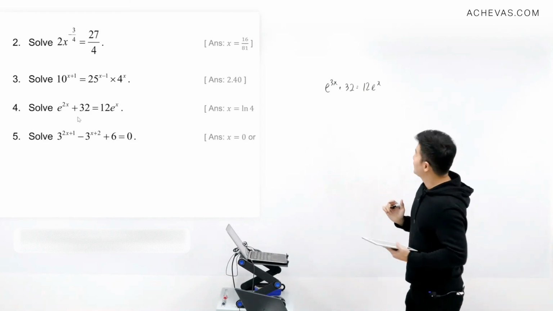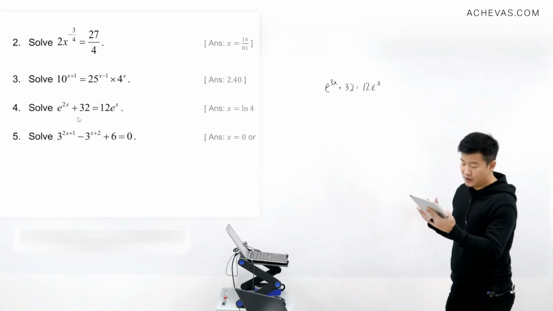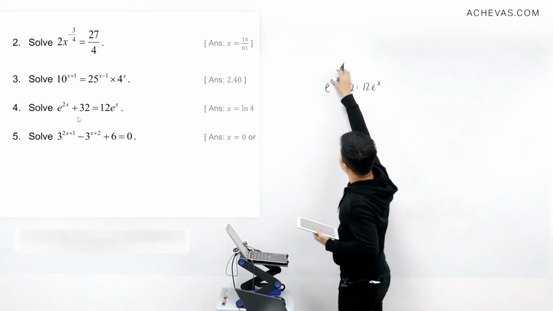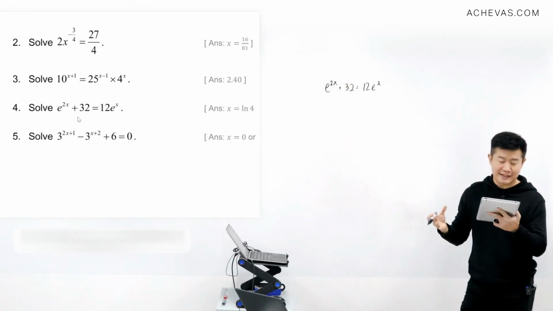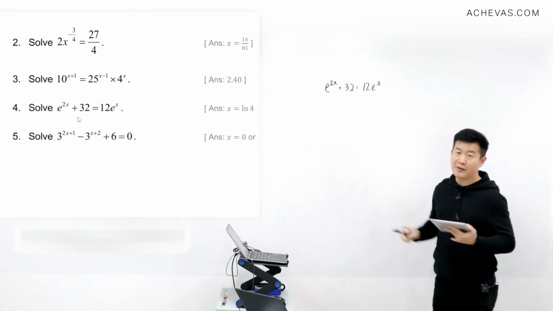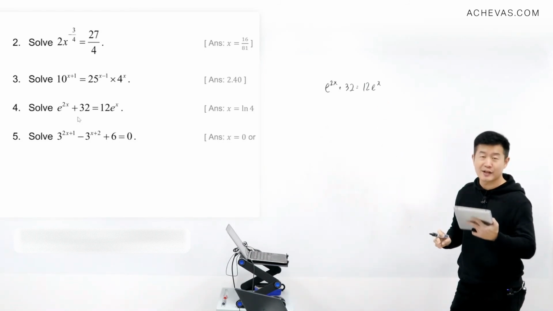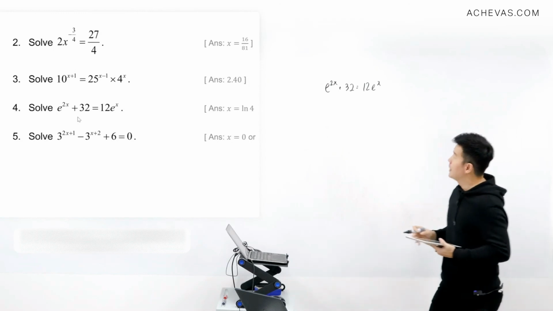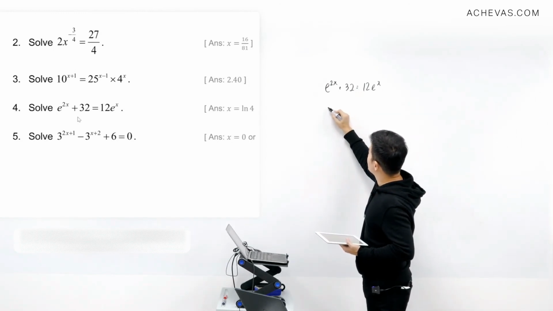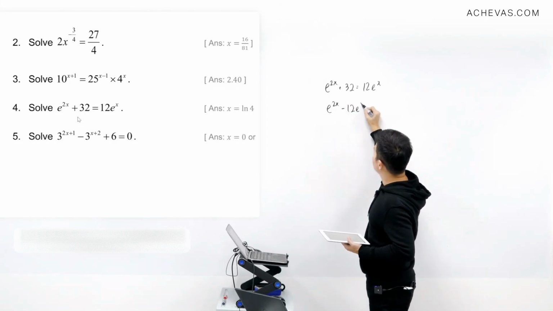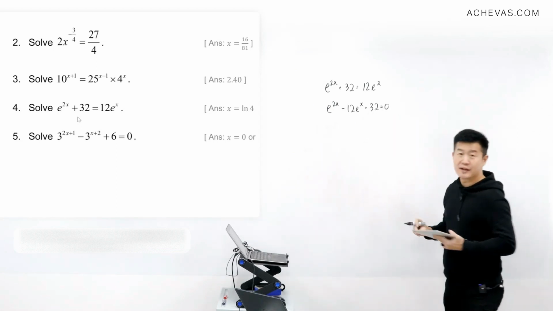It is a constant. And we are supposed to solve for this. Oops, I've copied this wrongly. So this is supposed to be e to the power of 2x. This is in the exponential form. e to the power of x is also in the exponential form. I'm going to try to bring everything over to the left-hand side, which will give me e to the power of 2x minus 12 e to the power of x plus 32 is equal to 0.